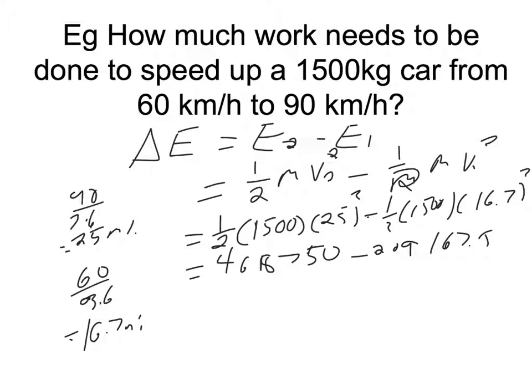So your final answer, the change in energy, how much you need to give it, is 259,582, or to the two digits we've got, 2.6 times 10 to the 5 joules.